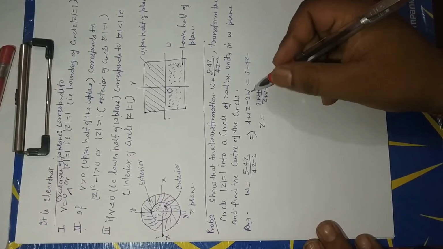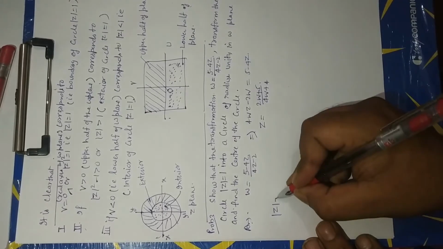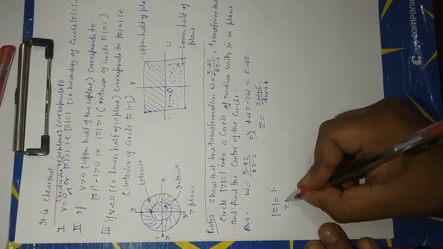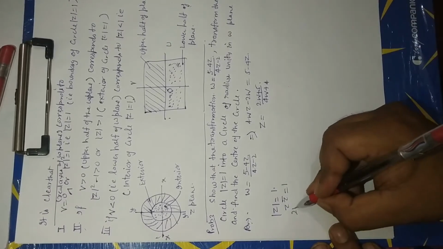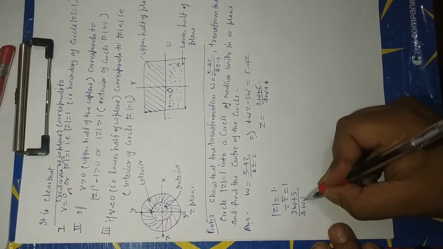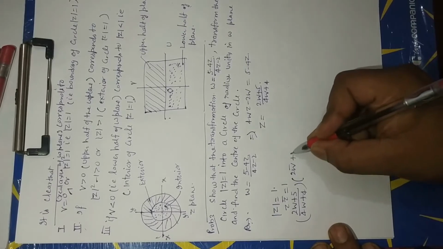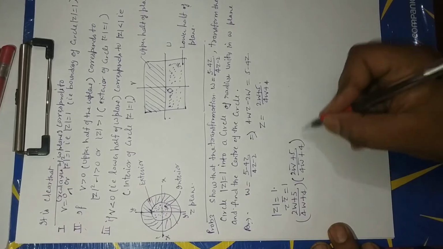This is the inverse transformation of the given transformation. Now modulus of z is equal to 1, that is we can write z z bar equal to 1. Putting the value of z, (2W plus 5) upon (4W plus 4), and z bar, (2W bar plus 5) upon (4W bar plus 4), this is equal to 1.